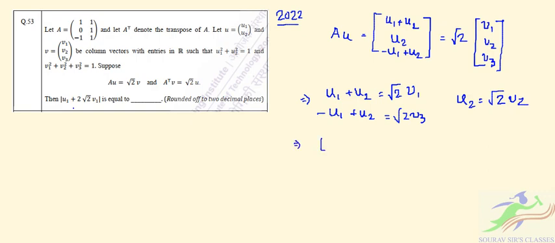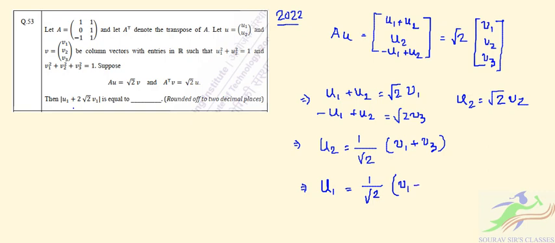So U2 will be 1 by root 2 (V1 plus V3), right? And U1 will be 1 by root 2 (V1 minus V3).